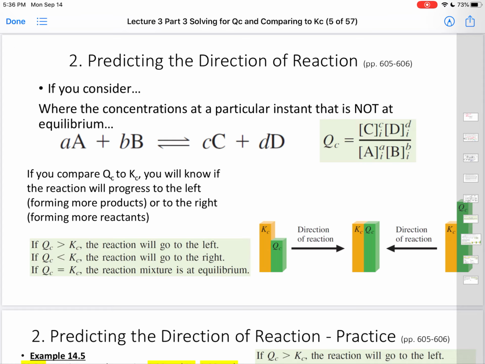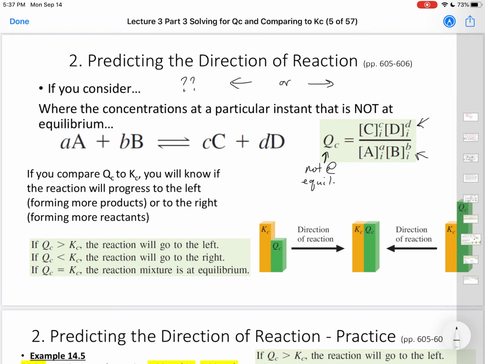All right. The second part of this video is talking about how we can predict the direction of the reaction. And really the question is, is it going to shift to the left, or is it going to shift to the right? So again, you're considering this reaction, A plus B gives you C and D. Remember, Qc is not at equilibrium. So you have products over reactants, and again, these are not at equilibrium.